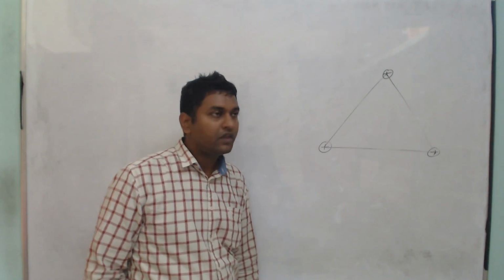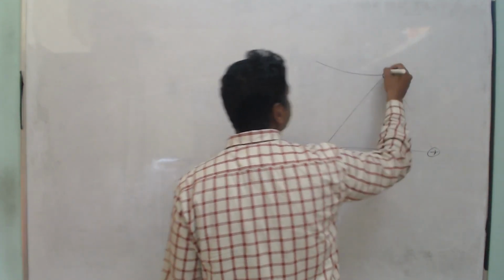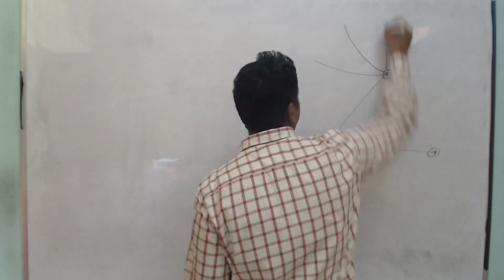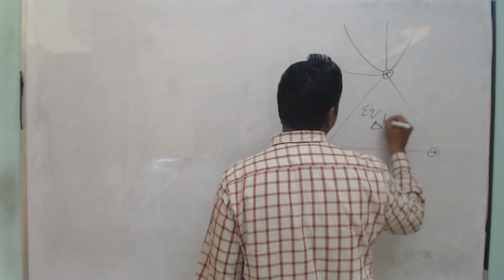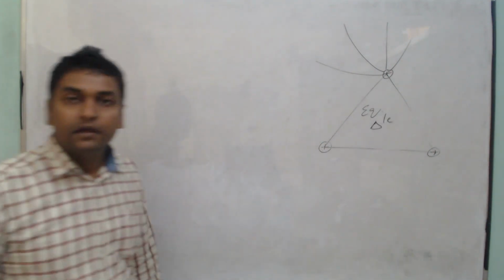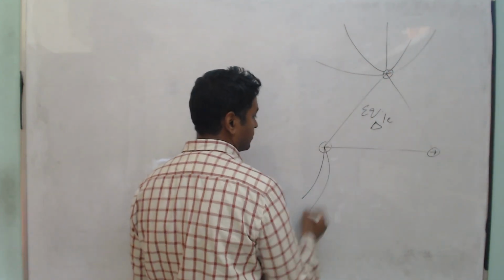See, something like this, and it is an equilateral triangle. Let us make it complete symmetry. Equilateral triangle, so something like this.